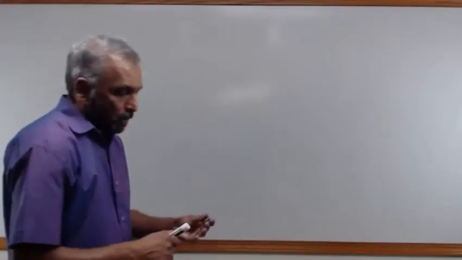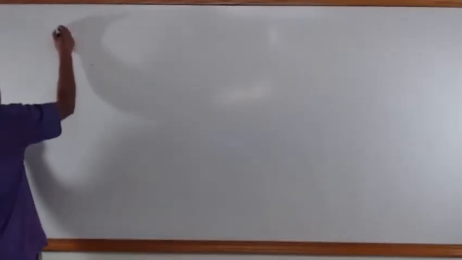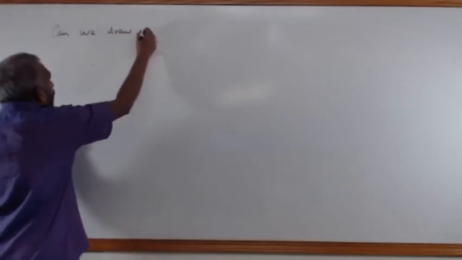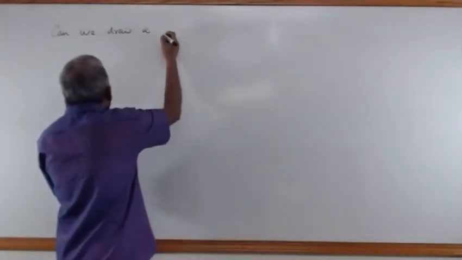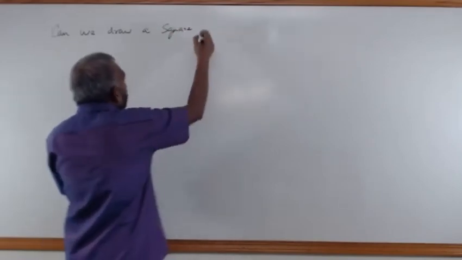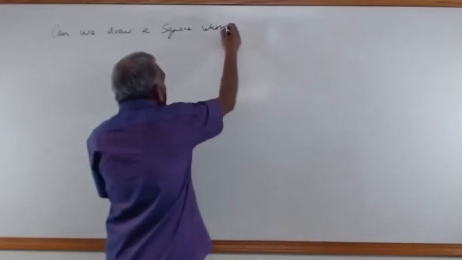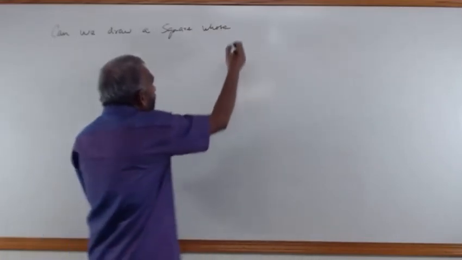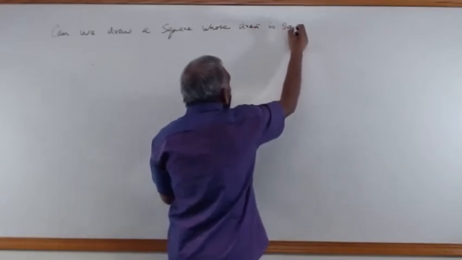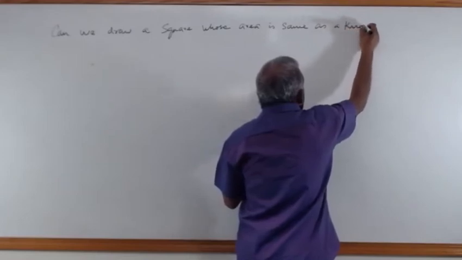The next problem we are going to consider is, can we draw a square whose area is the same as a known circle?